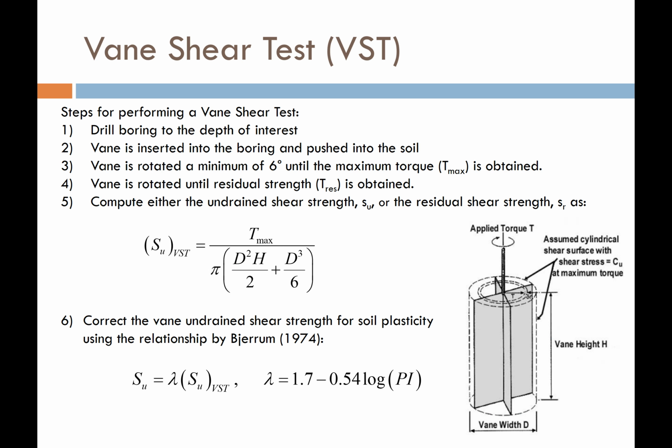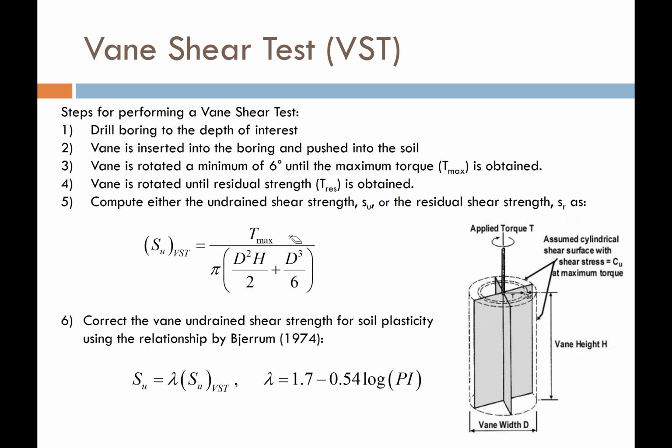Now, if we're measuring the maximum torque, then we stick maximum torque down into this equation. If I want to get rid of that and instead put the residual strength in, that's great. But then what we're doing is we're measuring the undrained strength for the residual instead of the peak undrained shear strength. So this is something we have to consider, whatever we're using.